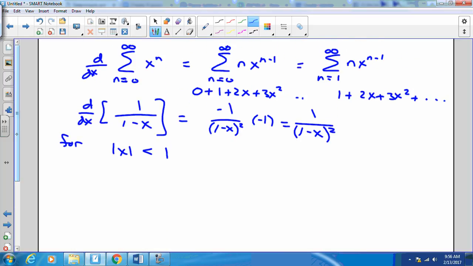Now, I want you to notice I cheated a little bit, and I didn't really tell you that I was cheating, and it was okay that I cheated for the power series, but I want you to be aware of what's happening. What I did here was to switch the order of operations. I brought the derivative inside the sum. You see it?